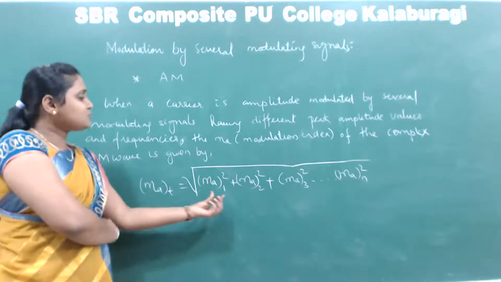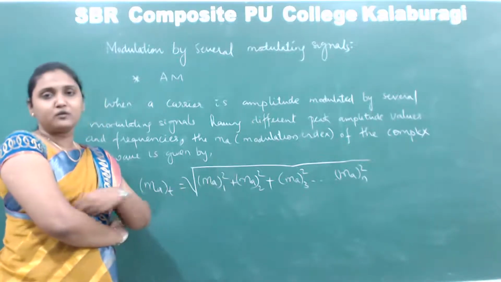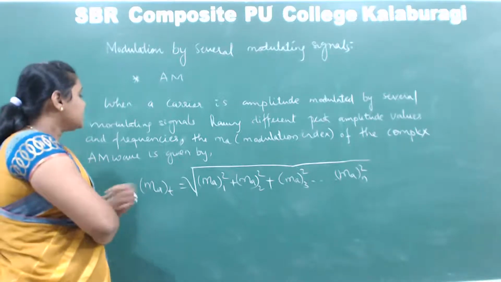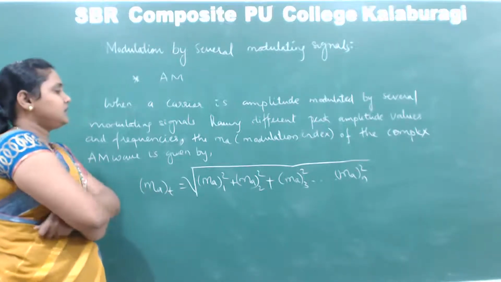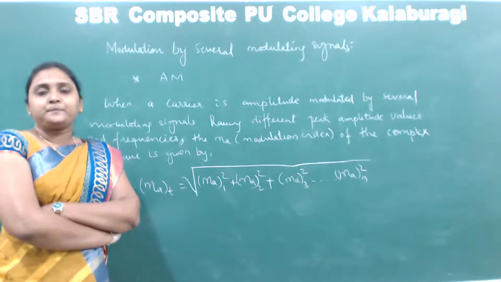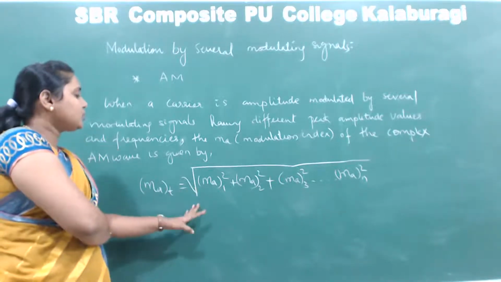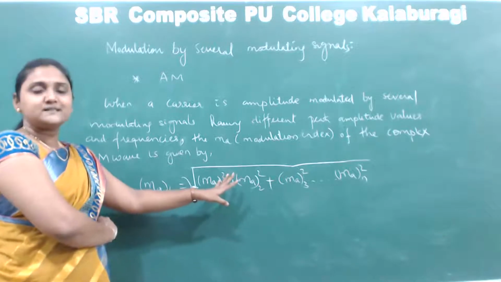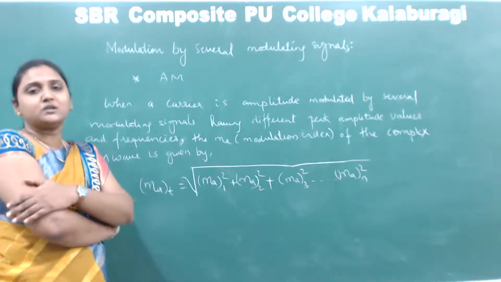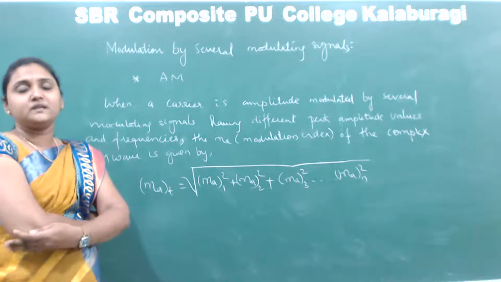The total modulation index is given by the root of the sum of the squares of the individual modulation indexes of each modulating signal.